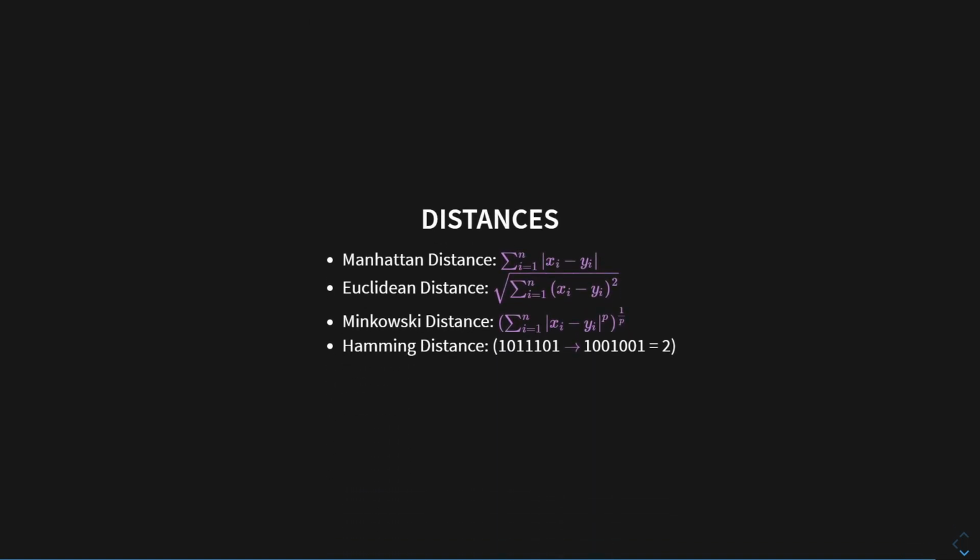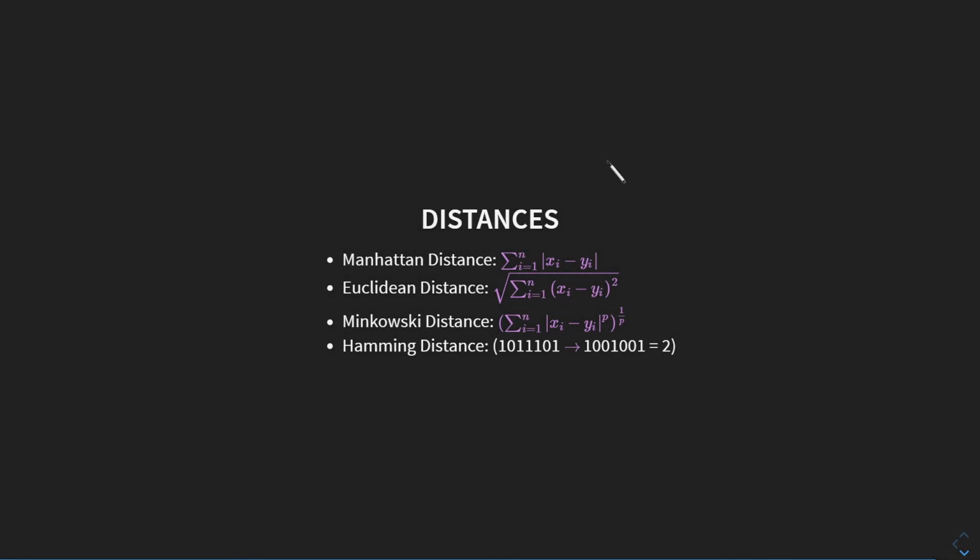I will go into a bit more detail on some of these distances in the next lecture, but I wanted to give you some of these to work out for yourself. So some ways of doing distances are, for example, the Manhattan distance, which calculates distance kind of like a road.